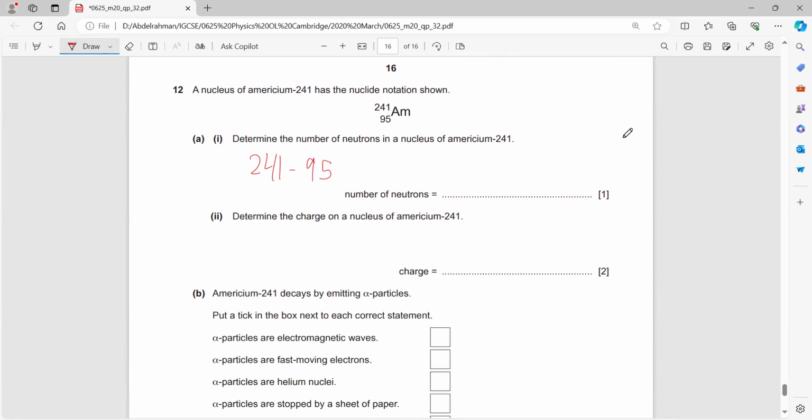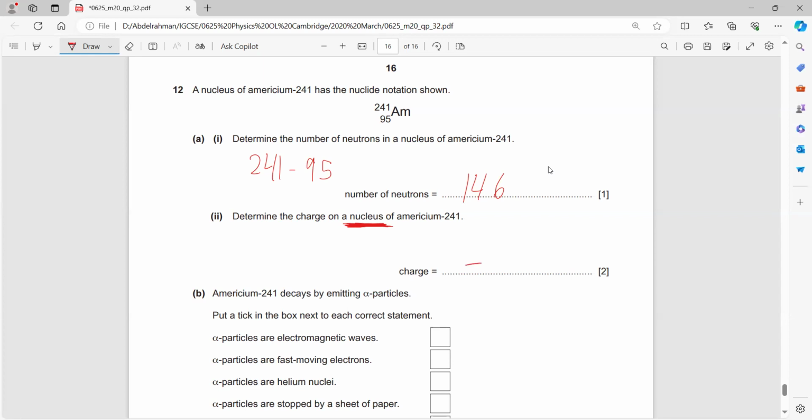Again, determine the number of neutrons. 241 minus 95, which is 146. Determine the charge on the nucleus, not on the atom. 95 positive.